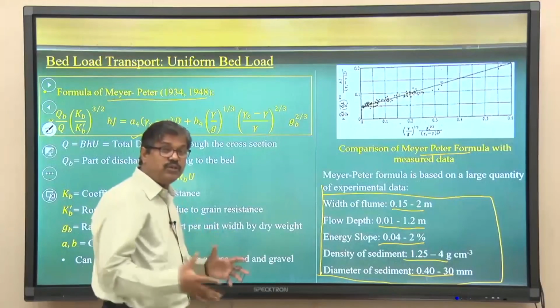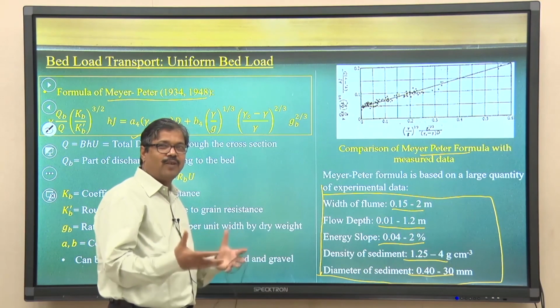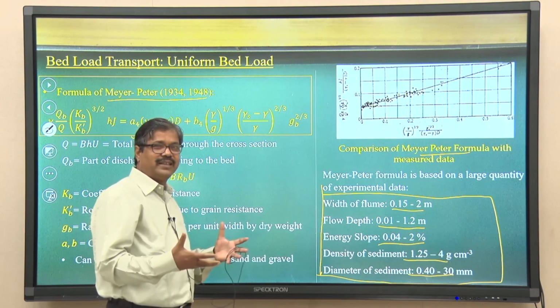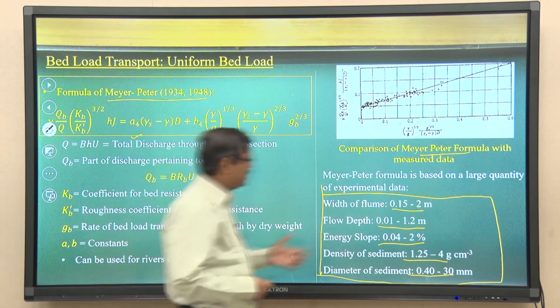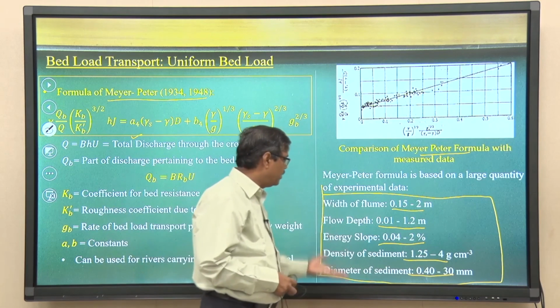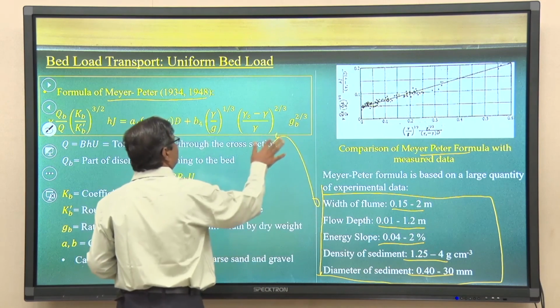So it is huge data, it is data mining. If you look at the present concept, we can call it data mining: a wide range of experimental data from different flow depths and energy slopes, analyzed to establish these equations.